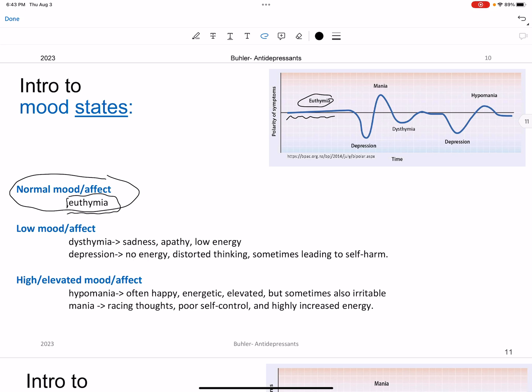If something really terrible and sad happened to you, your pet died, that's going to cause low mood or low affect, and you can have depression as a mood state.